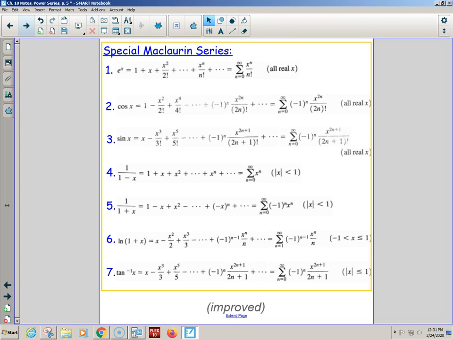No, we haven't. Tangent inverse. Well, yeah, that's what I was thinking. Tangent inverse is the integral of 1 over 1 plus x squared, which could be the Geo series with x squared plugged in.